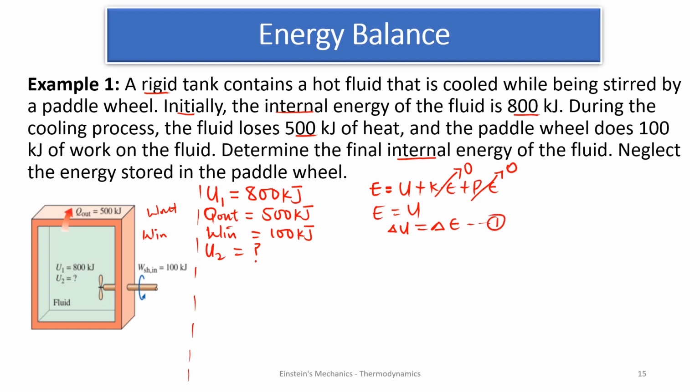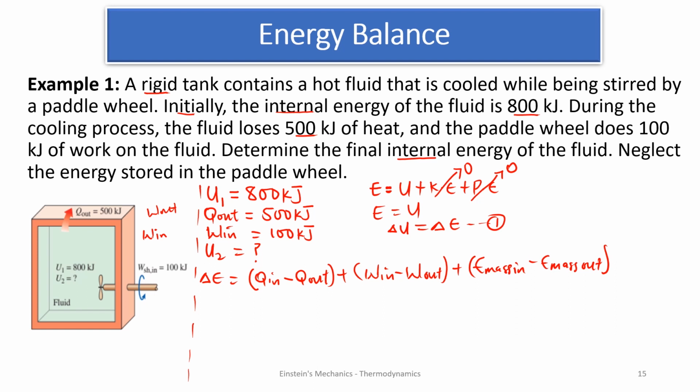We can also know from the second equation, do you remember this equation, that change in E is heat in minus heat out plus work in minus work out plus energy of mass in minus energy of mass out. Do we remember this equation?